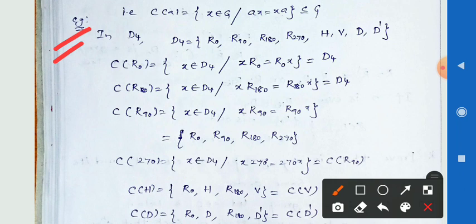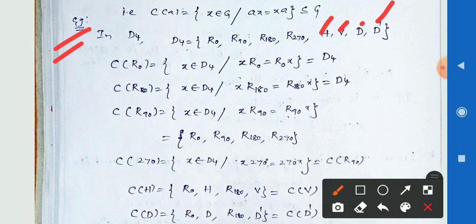Here in the dihedral group D4, 8 elements are given. Here C of R0 means rotation 0 is fixed.